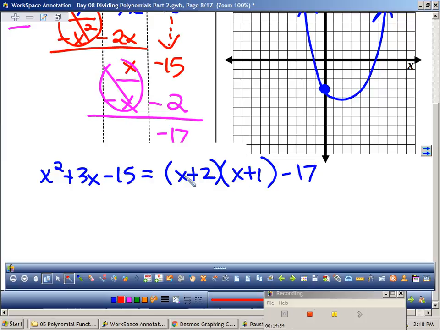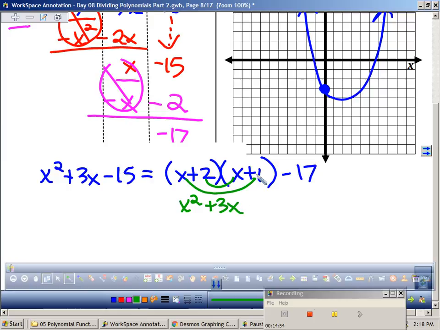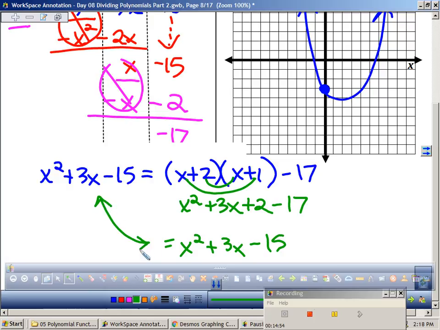X times x is x squared. 2x and 1x makes 3x. 2 times 1 is 2. Minus 17 is equal to x squared plus 3x. This should have been a 2. How do I know I was wrong? It didn't come out the same. Plus 2 minus 17 is negative 15, and they match. Okay?